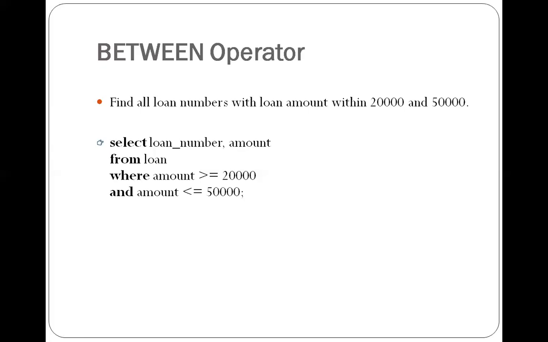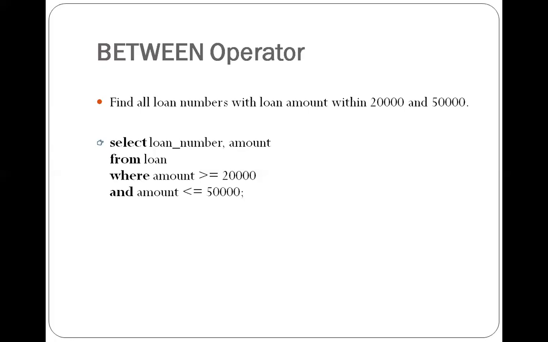So using BETWEEN, that means the amounts that are between 20,000 and 50,000, also considering both these values, those records or loan numbers would be selected.